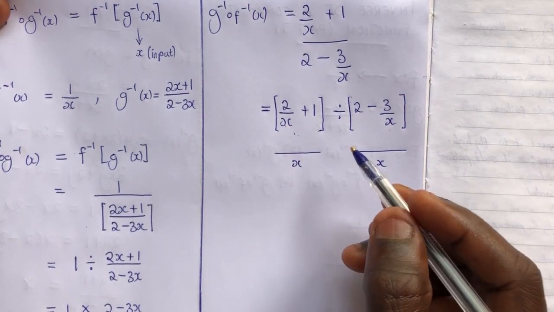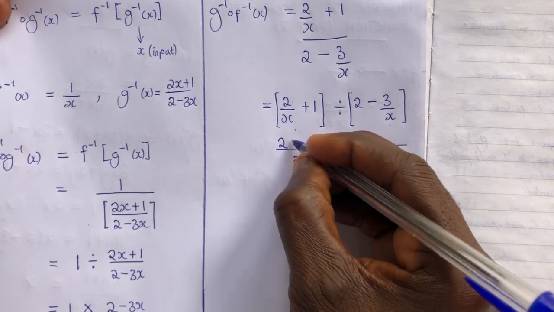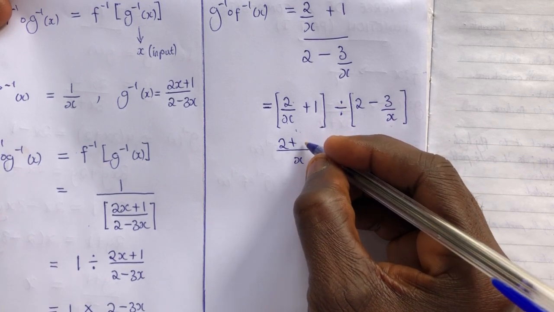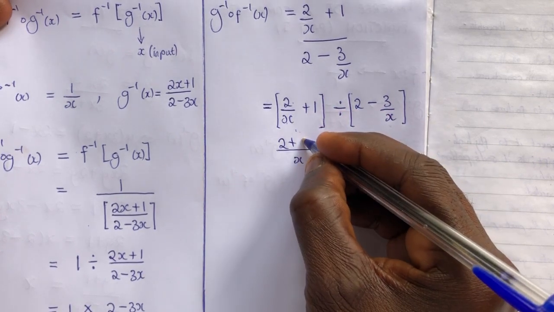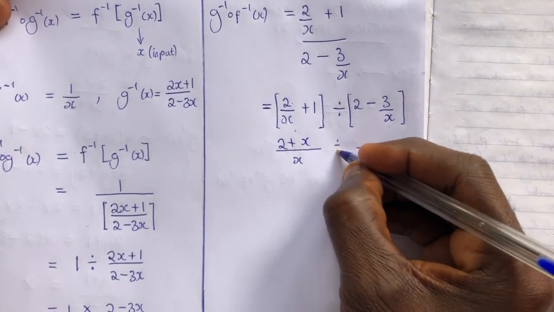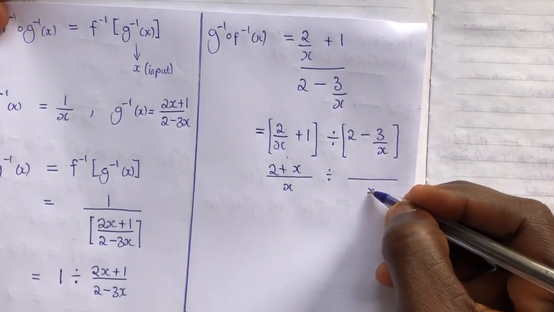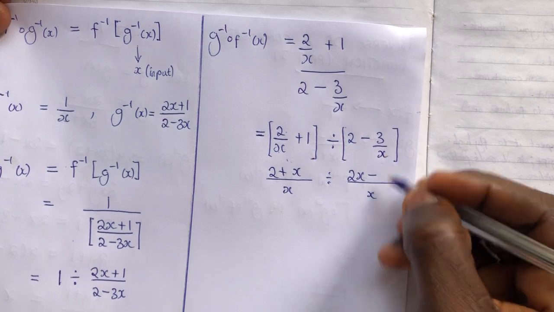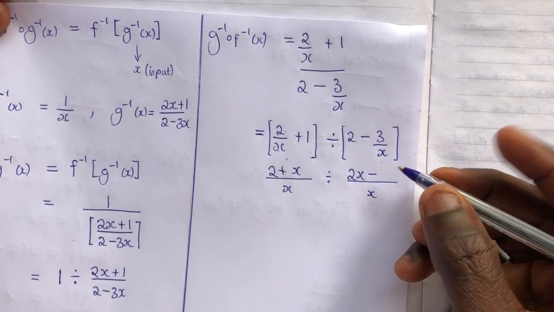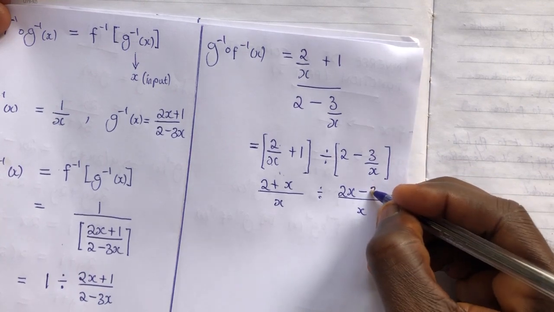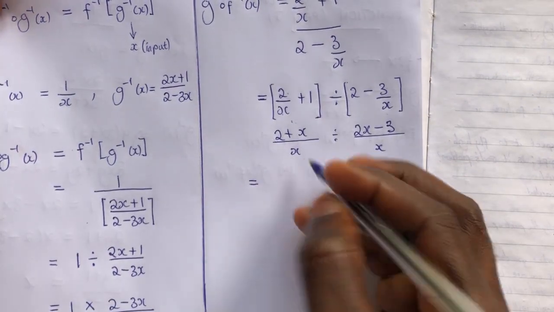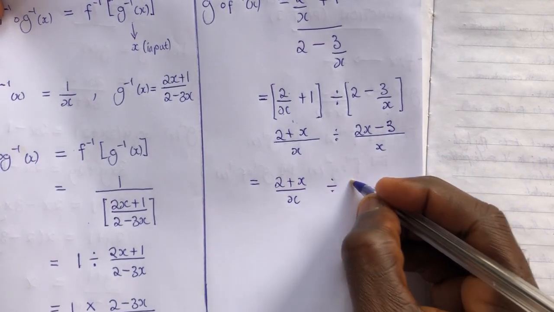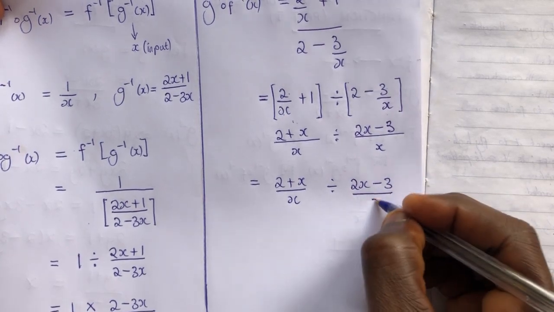X into this will give us 1. 1 times the numerator will give us 2 plus, we have 1 here. 1 into x will give us x. So we have 2 plus x out of x, divided by 2x minus 3 out of x, since the x cancels and 1 times 3 gives us 3.